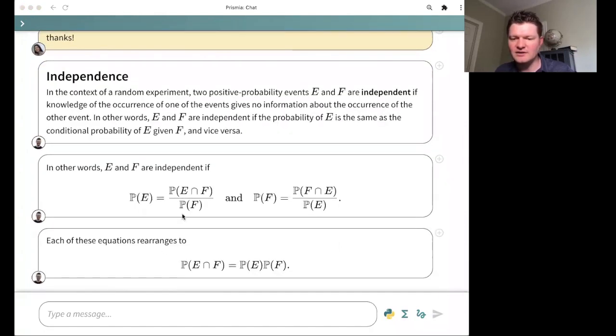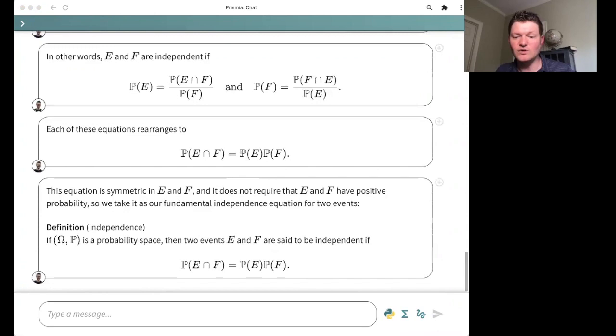If we are assuming, as we must in order to make sense of these formulas in the first place, that probability of E and probability of F are non-zero, we can just move the denominator over and we get exactly the same equation. And it's also kind of nice because if we focus on this equation, we don't have denominators at all. So we can eliminate the caveat that the two events have to have positive probability. So we take that as the definition.